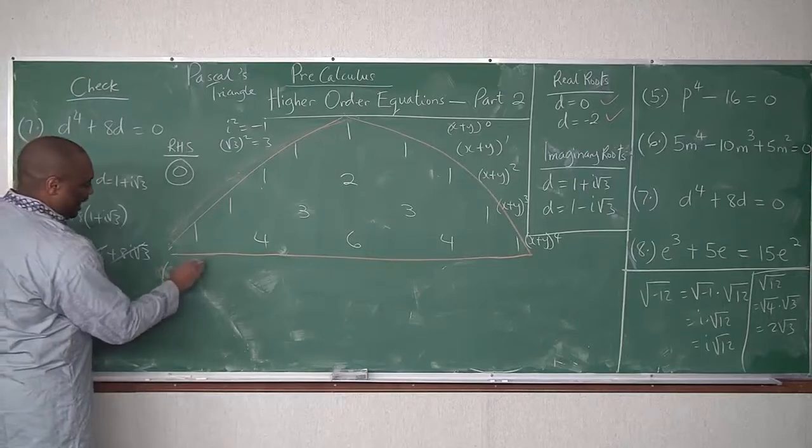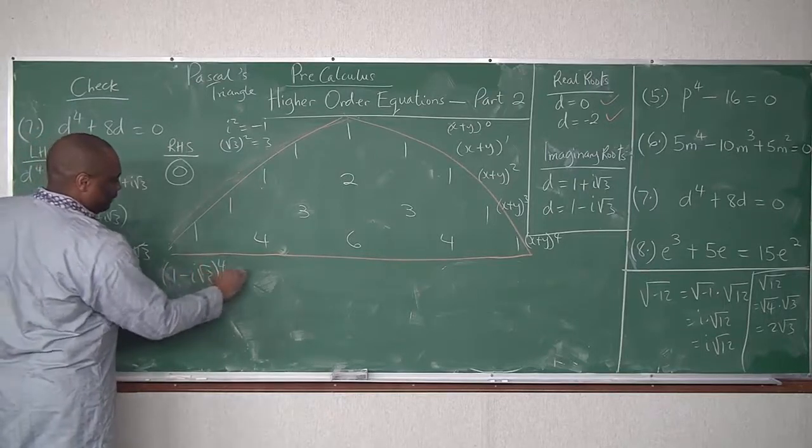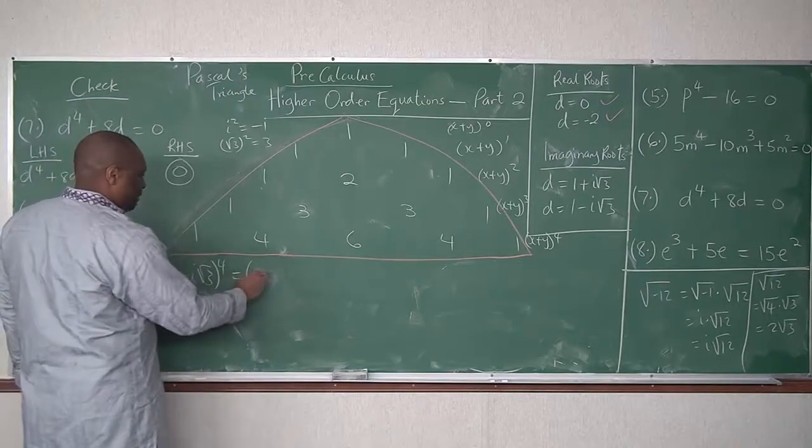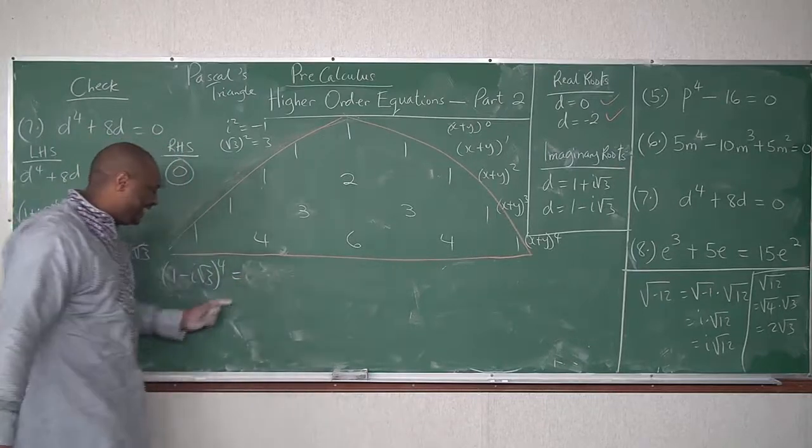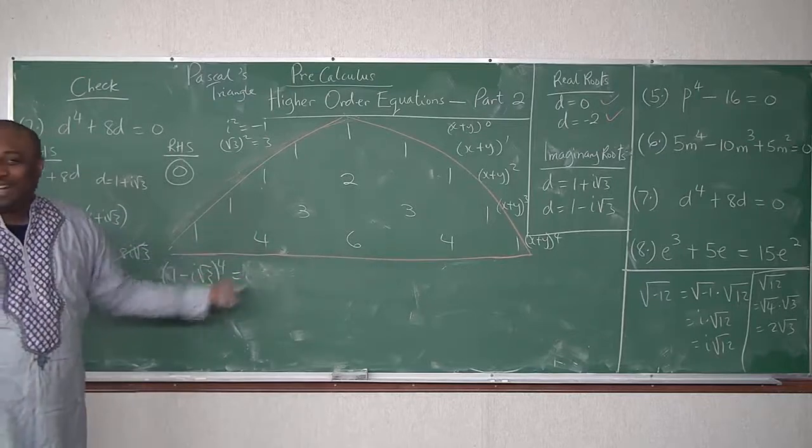1 minus i root 3 all to the 4. Sorry, hold on. Did I want to write it 4 times?